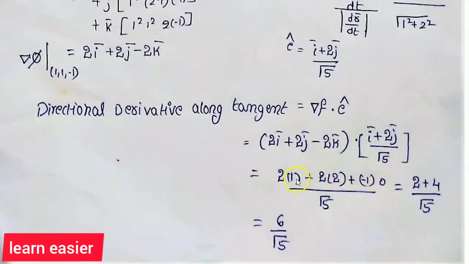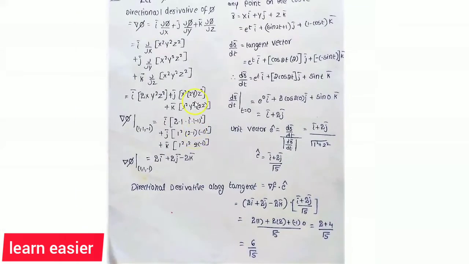So finally we got 2 plus 4 by root 5. So 2 plus 4 is 6 by root 5. So we got the directional derivative along the tangent as 6 by root 5.